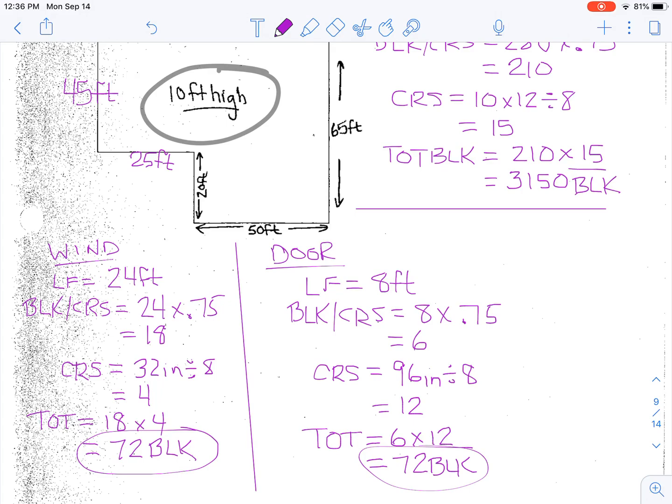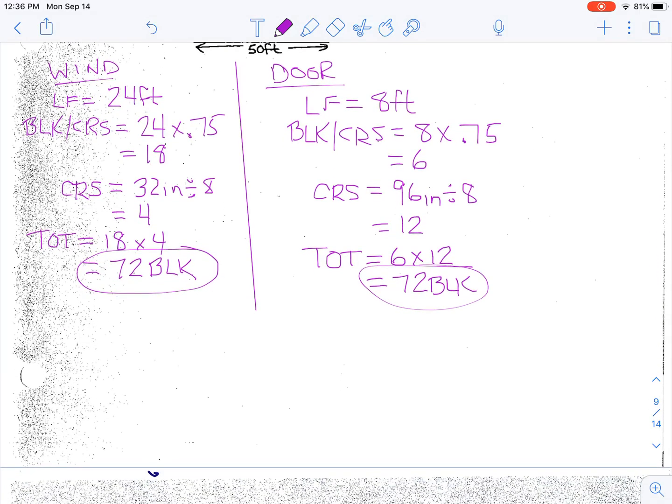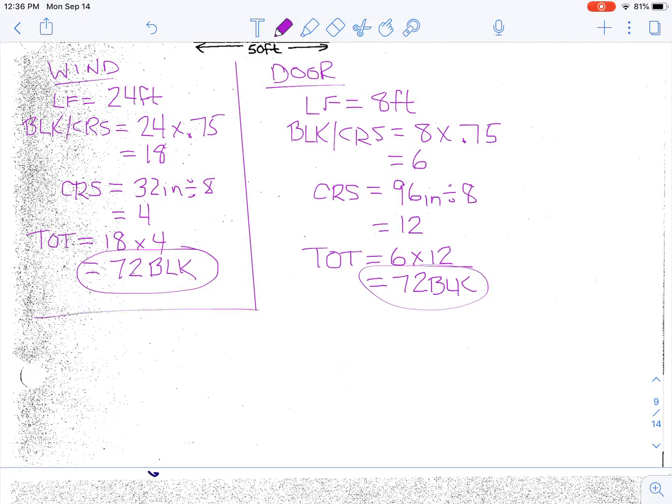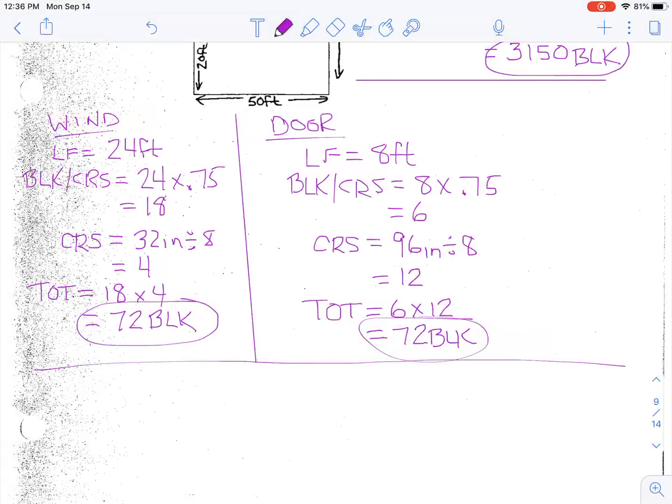So what we've done is we've calculated a total number of block as if the whole thing was filled in. And then we took the window and the door separately. So I need to subtract those to find the total number of block for the whole job.